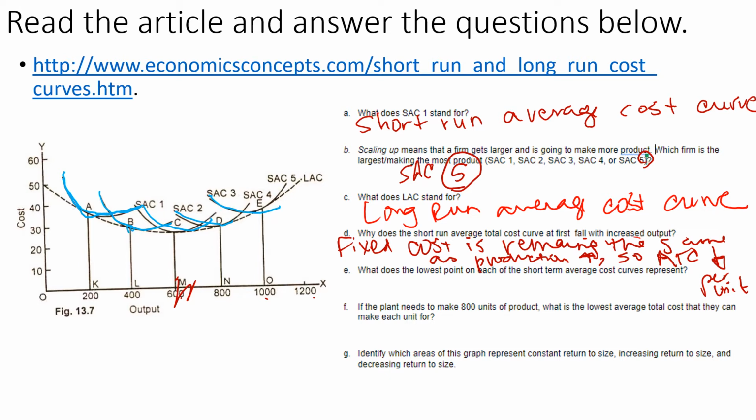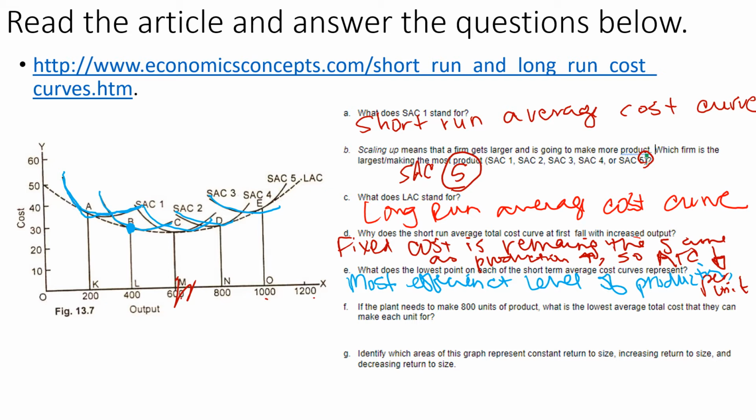So the lowest point represents the most efficient level of production, in which that firm is utilizing all of its fixed costs to completion.